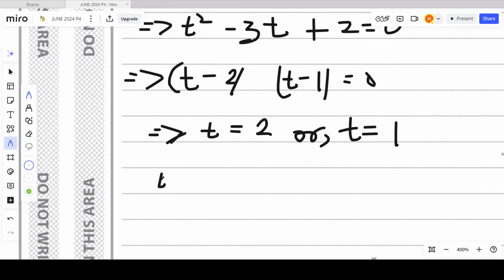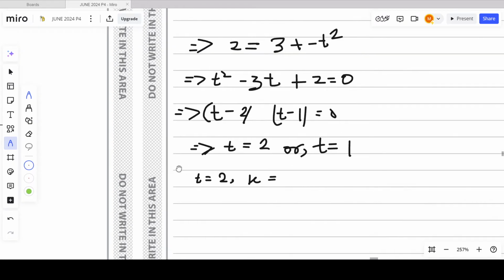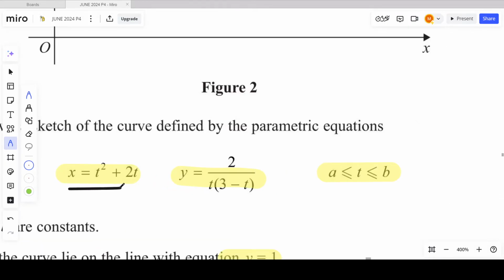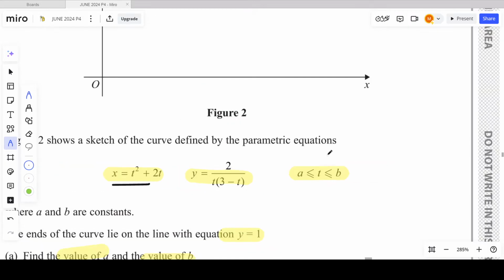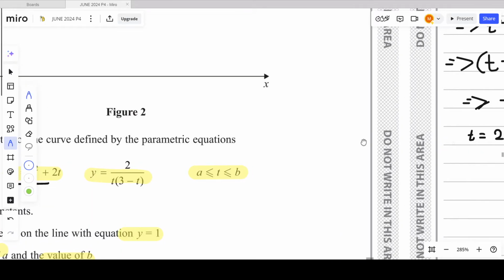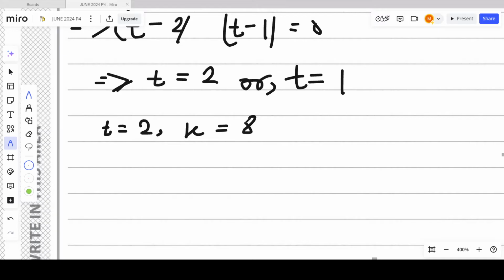If t equals 2, what would be the value for x? Now we have to put those values of t into the parametric equation of x to get the values of a and b. If t is 2, then x is 2 squared, which is 4, plus 4, so x is 8.